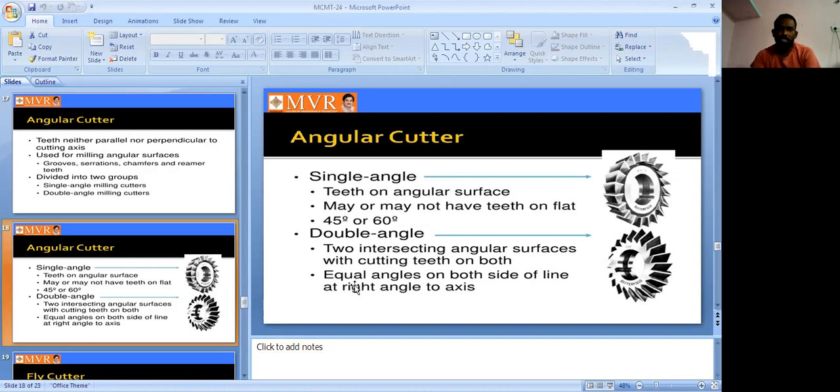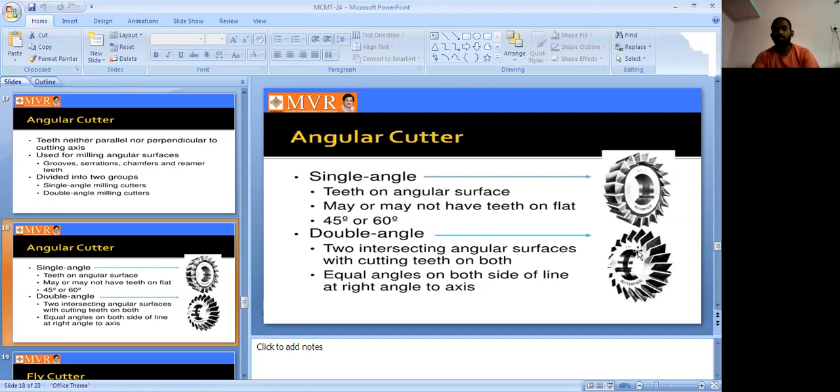Here there are equal angles on both sides of a line at right angles to the axis. Two intersecting angular surfaces with cutting teeth on both, so on both sides we can use the teeth.